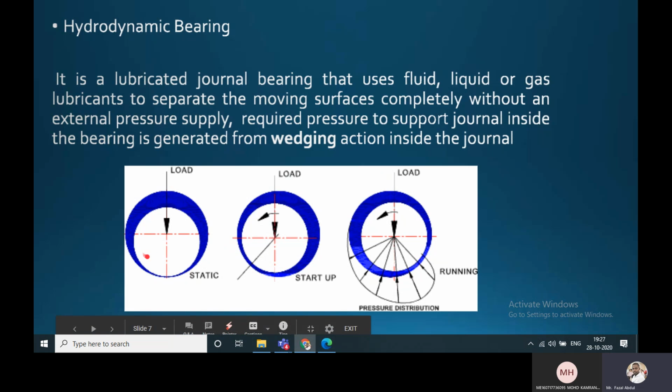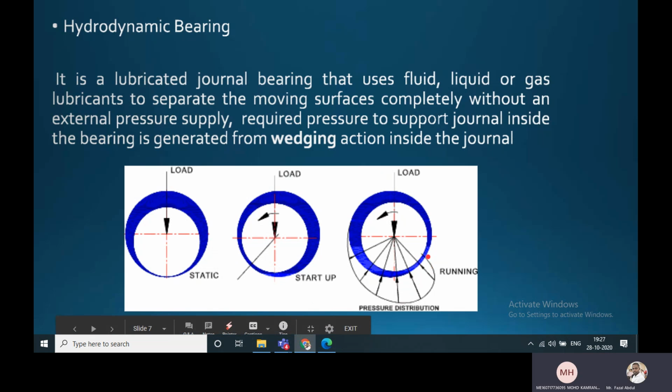You may get the question: sir, without any help, how are the shaft and bearing going to separate? Because when it starts, the shaft is going to rotate. Whatever fluid is present surrounding this shaft, the pressure in this fluid is going to build up.